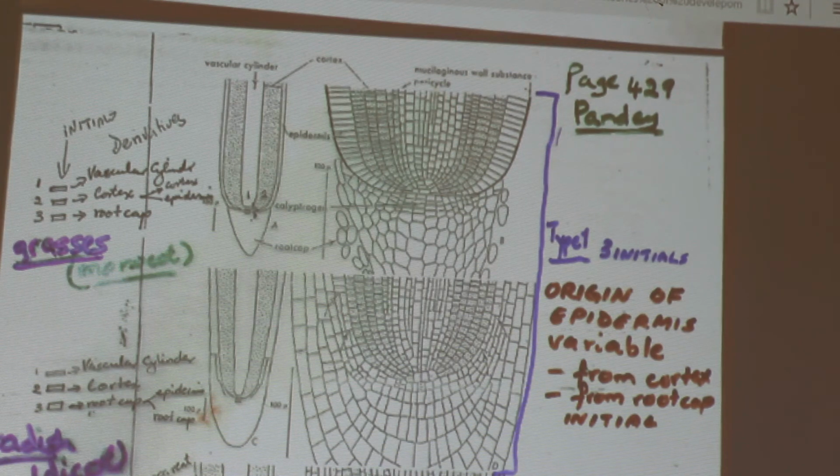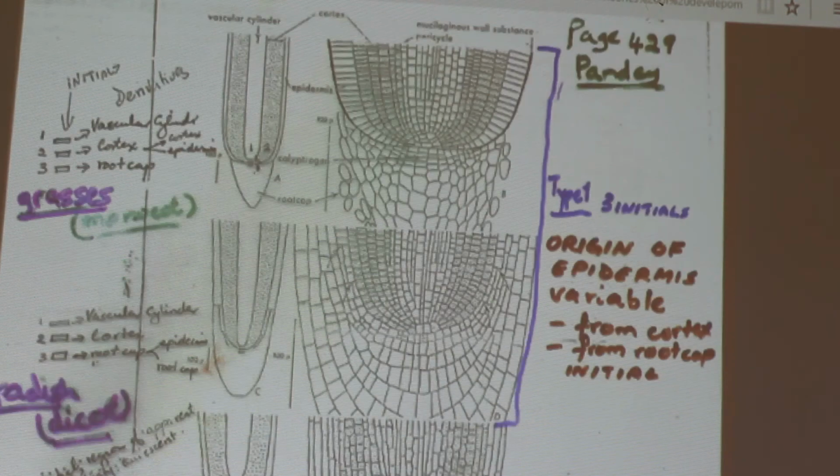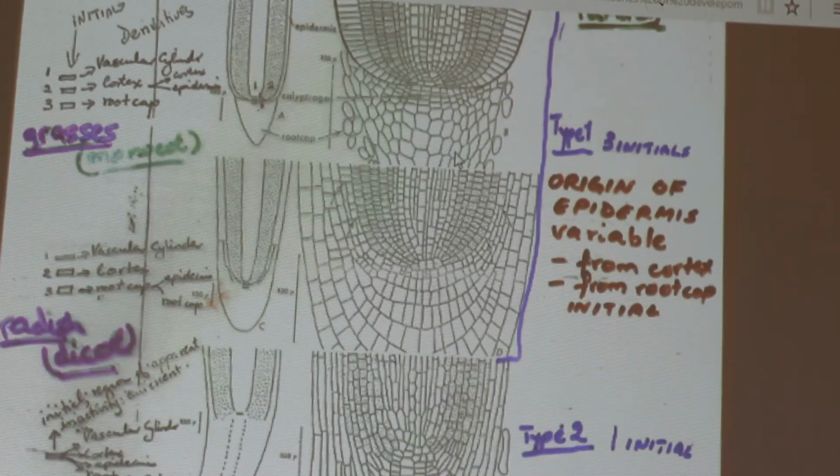In the root apical meristem, we have other theories, but I'll present to you this one. And this theory is also asking how many initials are in the meristem. That means in where the cells are growing, are they coming out from one cell, or are they coming out from a group of cells or from a kind of organization?